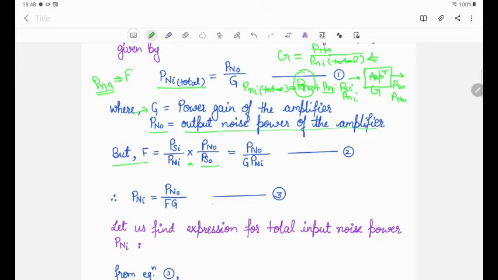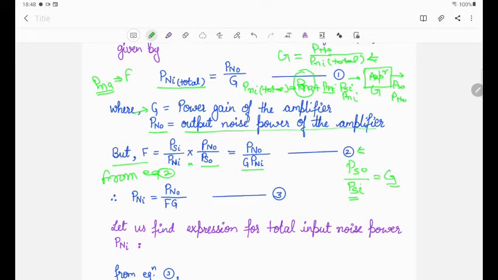And I already told you PSO divided by PSI is again G, because signal output power divided by signal input power is the power gain. So we can replace that and write PNO divided by G PNI. Let's say this is equation 2. And from here we can write PNI from equation 2.